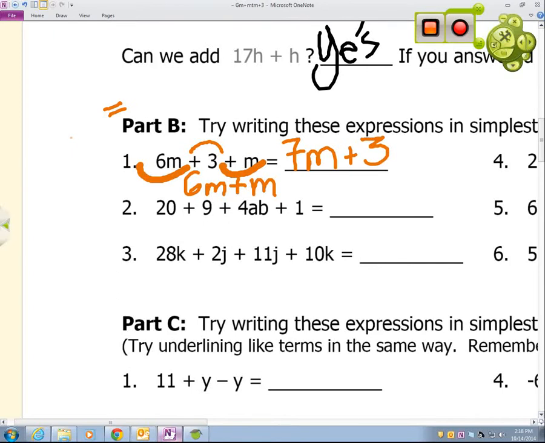So we have 7 monkeys joining you. How many more monkeys is that than you just having 1? 7 more. 7 more than just having 1 monkey. So it's 7 more than just having 1 m, which is 7m.